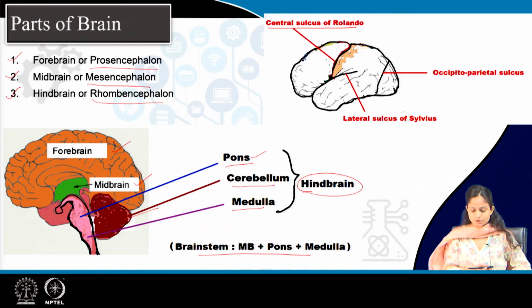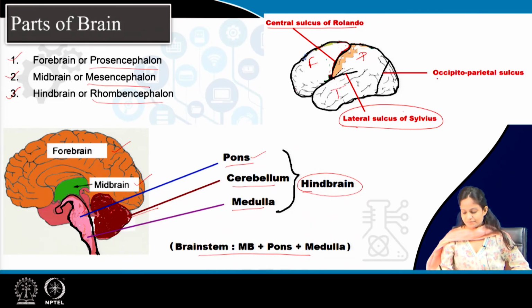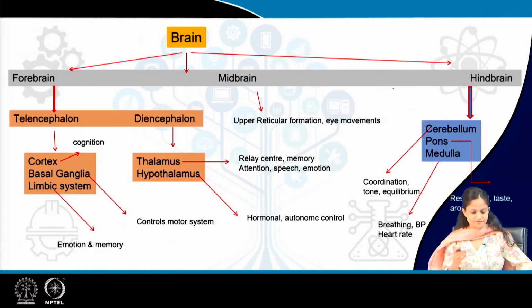Central sulcus of Rolando, which divides the frontal lobe from the parietal lobe. This is the lateral sulcus of Sylvius. This divides the parietal lobe from the temporal lobe, and this is the occipito-parietal sulcus. This is mainly dividing the occipital lobe and the parietal lobe. So these are the important lobes which have various functions.